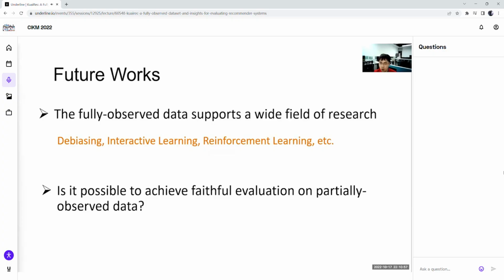And second, although our experiments demonstrate limited help of completing the missing values to simulate the fully observed data, it's still interesting and meaningful to explore whether it is possible to achieve faithful evaluation on partially observed data. Our fully observed dataset can be a ground truth benchmark for future research in this direction.